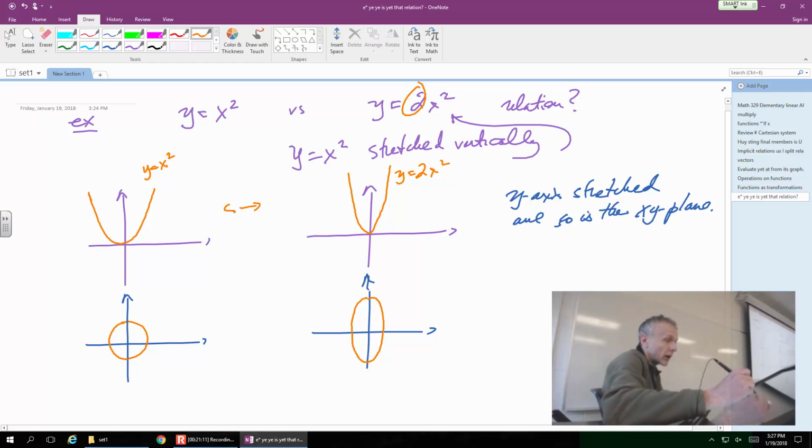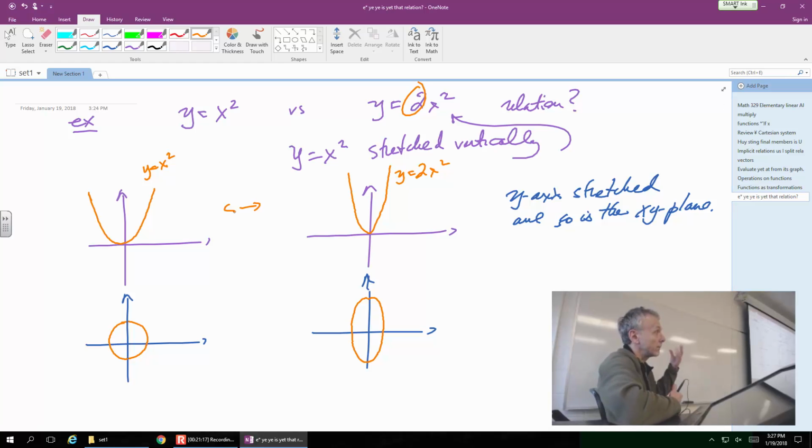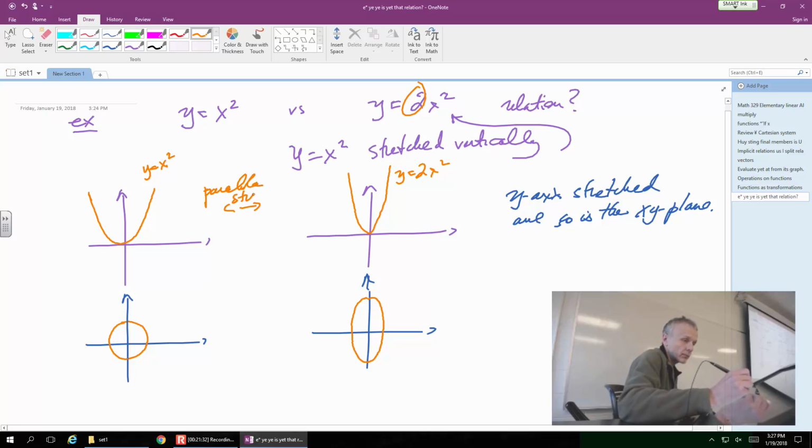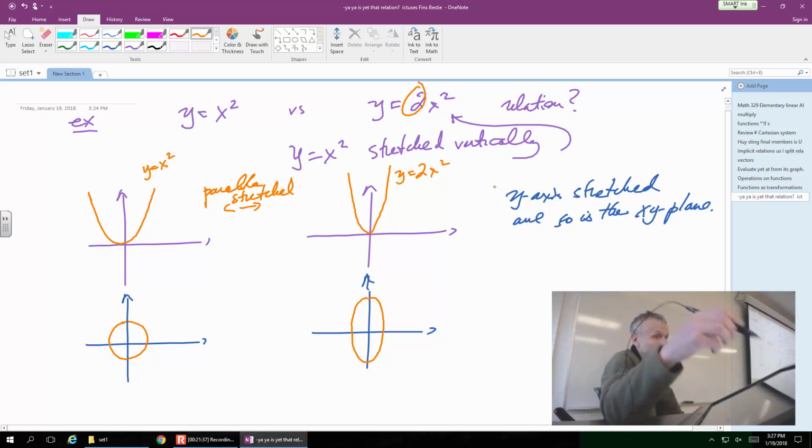This is from pre-calculus: how the parabola becomes more slim. Okay, it stretches. The important thing, easy to overlook when you do pre-calculus, is that this is often described as "parabola stretched," but that's misleading. What's in truth happening is this: the y-axis is stretched, the xy plane is stretched.